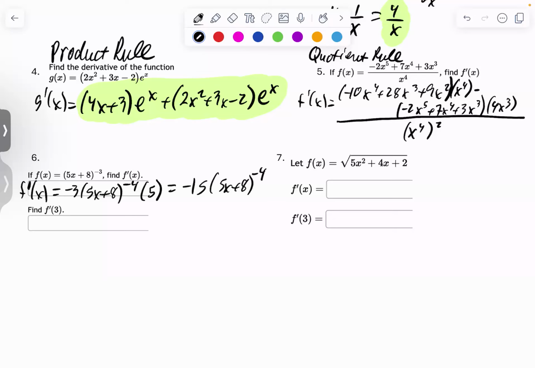So I brought the 5 and the negative 3, multiplied them to get negative 15. Now they specifically want f prime at 3, so this becomes negative 15 times 5 times 3 plus 8 to the negative fourth power. That's 15 plus 8, which is 23 to the fourth power.